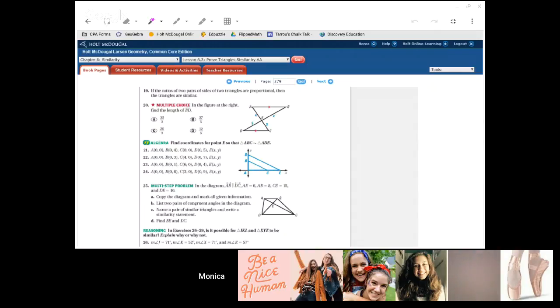So which angle goes with angle B? And then A and C would go together?